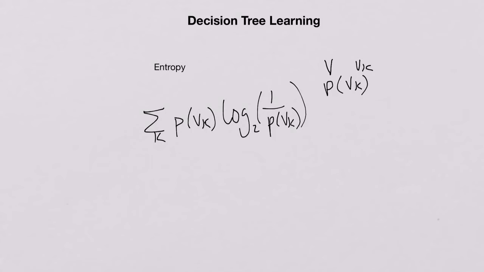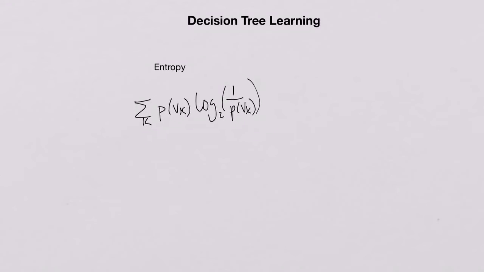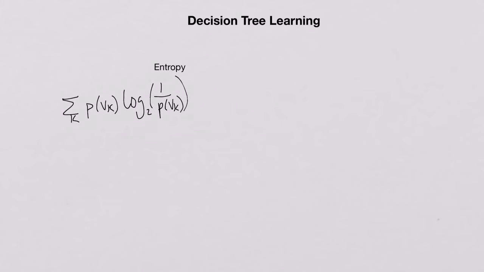So let's see what this looks like for a binary variable. We put this general definition to the side here. For a binary variable, we have a variable that has a probability of p to be true. So probability of true equals p, and probability of being false equals 1 minus p.